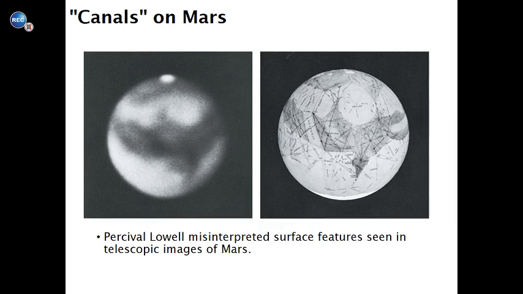But in the late 1800s, people looked, and this is kind of a weird language story, there was an Italian astronomer, who I don't remember off the top of my head, who saw features on the surface of Mars. And it kind of looked like the picture on the left. And he used a word, canali, for the sort of rough lines that he saw in his image.